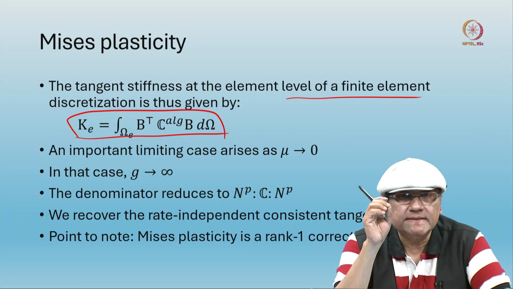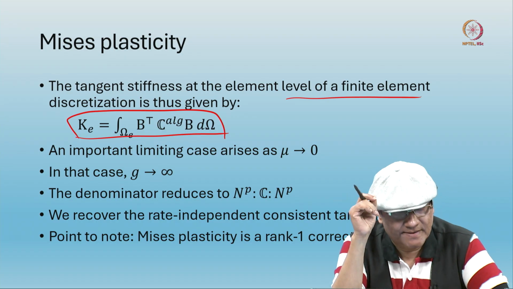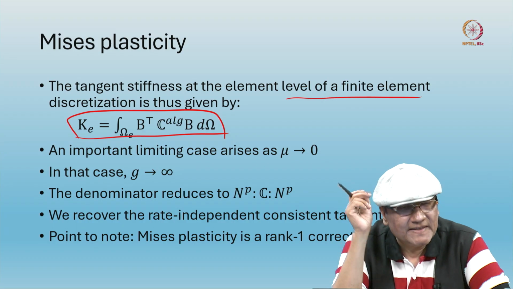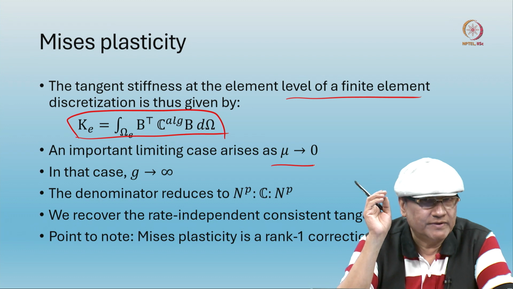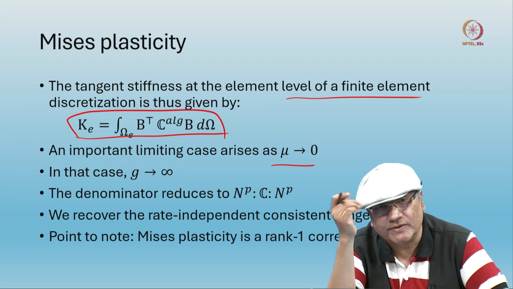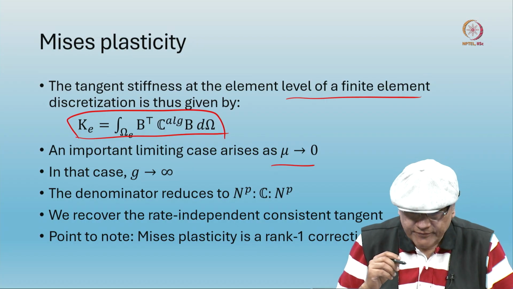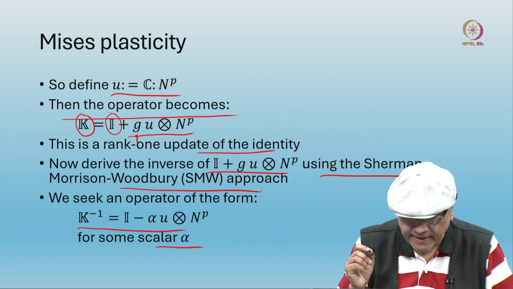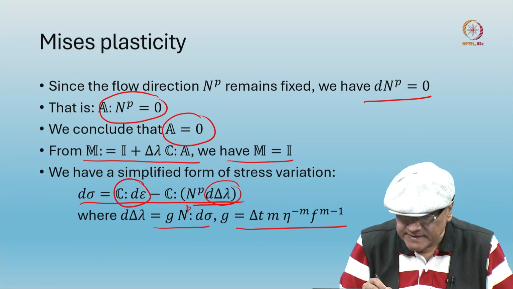Now let us see what we have achieved. It covers several special cases. One such special case is rate independent plasticity, which I can get when mu tends to 0. From the expression for G, which we had some time back, I do not remember if you recall it, this is my mu.